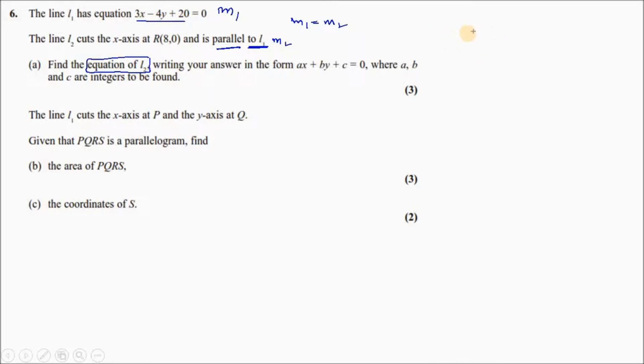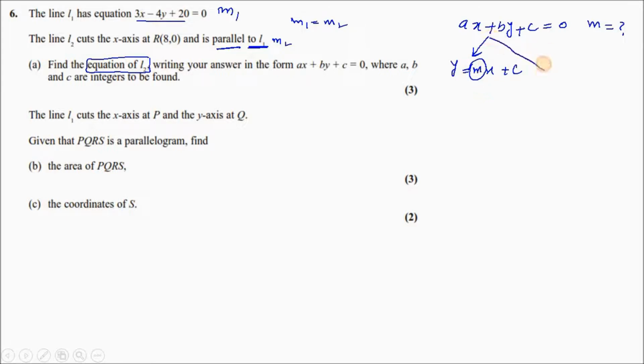Remember, you have two choices. If you have an equation in the form of ax plus by plus c equal to 0, you can find the gradient using two different techniques. One is you can rearrange this equation in the form y equals mx plus c, and the coefficient of x will give you the gradient of the line.